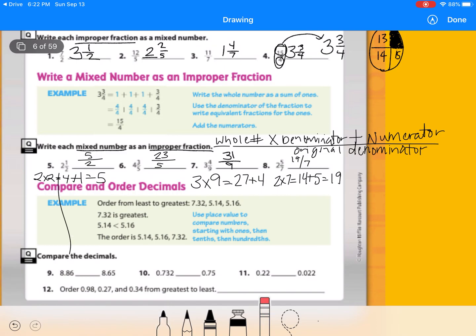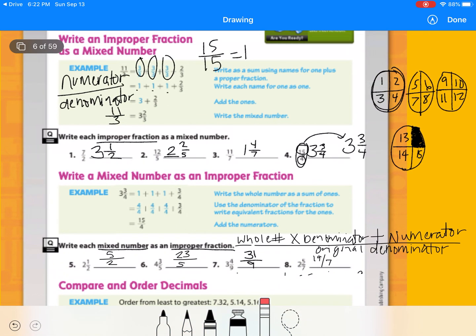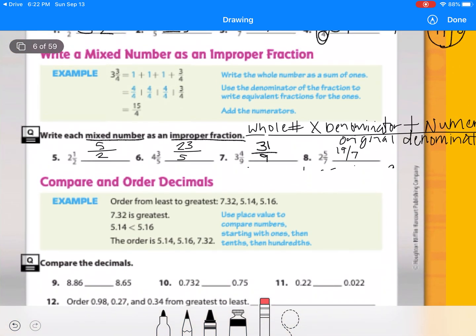Whoops. That is comparing decimals. And this should be kind of review. It's place value mostly. All right. So we have 8 and 86 hundredths compared to 8 and 65 hundredths. Okay? So you just look at our place value. They both go to the hundredths. So we look at 5 and 6.